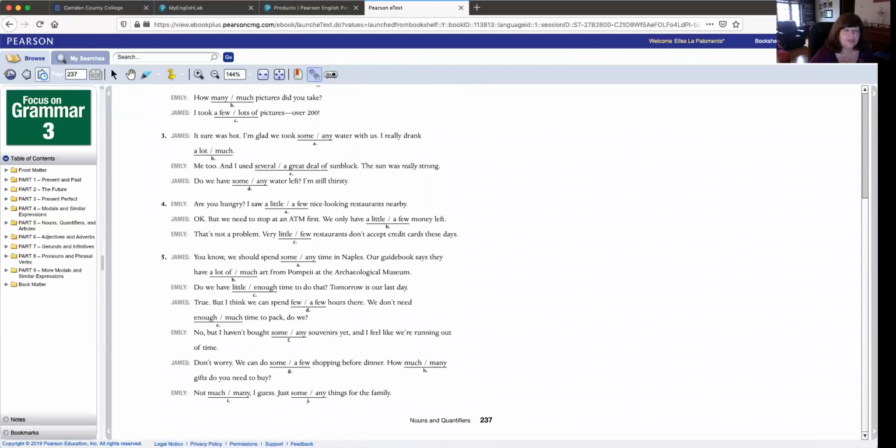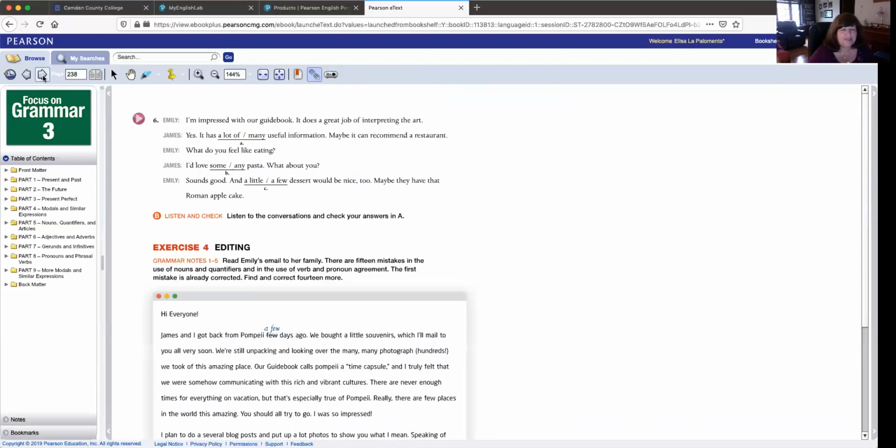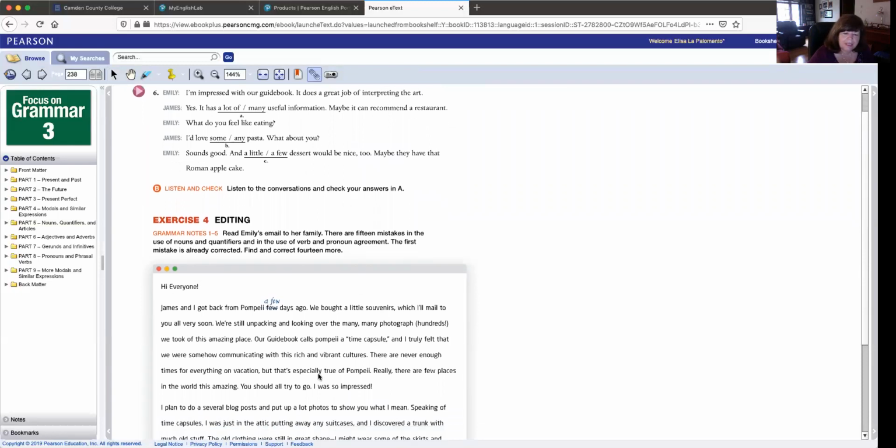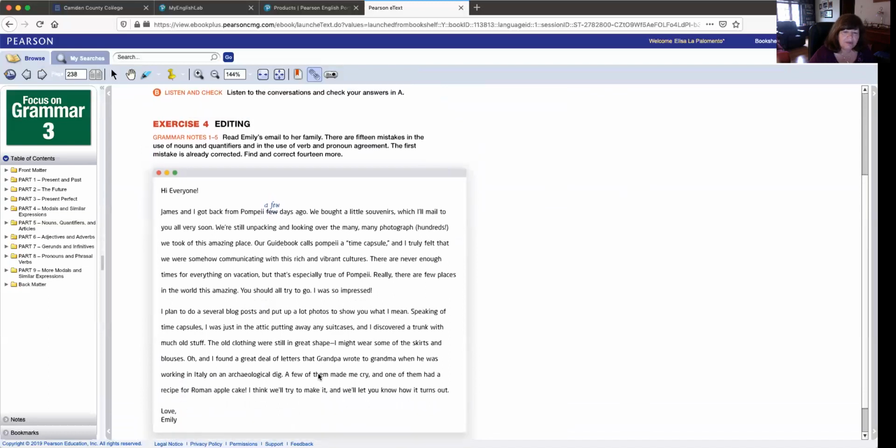Let's go to the next page. This is a continuation at the top of the exercise that you're going to do for homework. This is editing, so this is one more thing that I'm going to give you for exercises. This is an email that Emily wrote to her family about her trip to Pompeii. It says that there were 15 mistakes in the use of nouns and quantifiers.